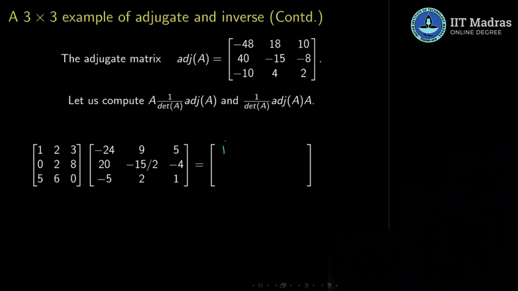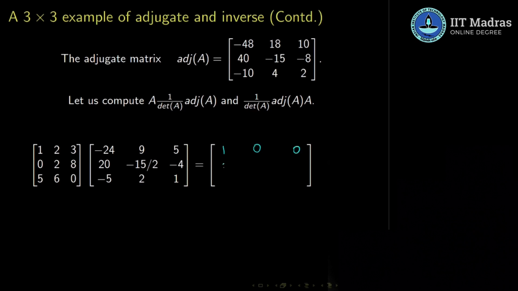And then the next term, let us say the 1 2 term. So, 1 times 9 plus 2 times minus 15 plus 3 times 2. That is 9 minus 30 plus 6... so 15 minus 15, that is a 0. And you can carry on and do the other terms.